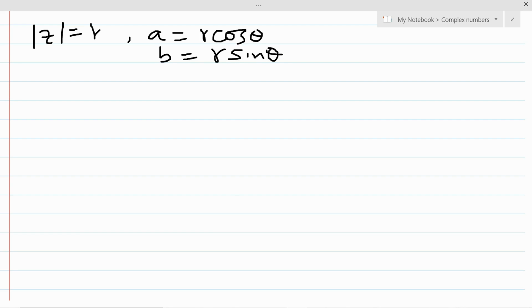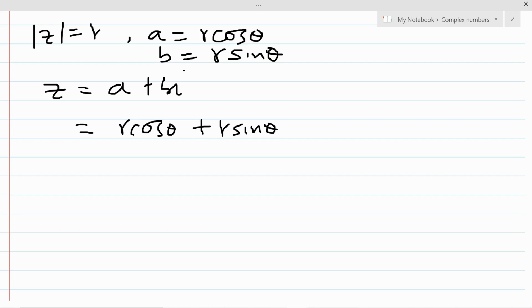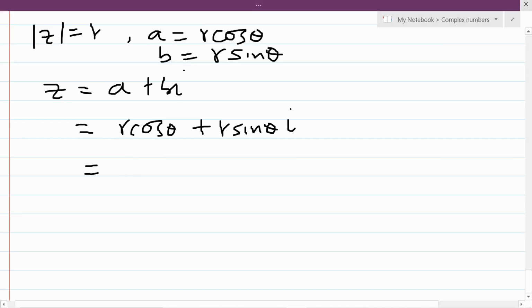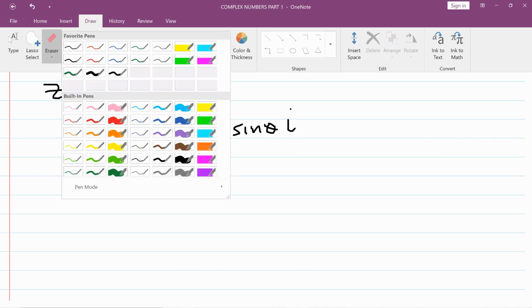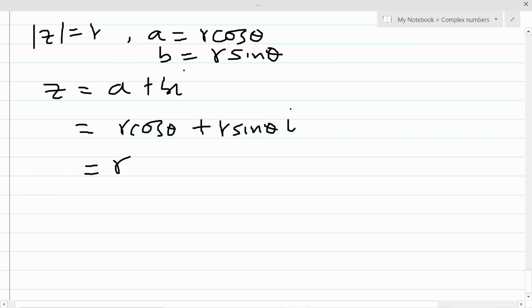If that is the case, then our complex number, which we write as a plus bi, can be written as r cos theta plus r sine theta times i. From here you can see that r is in both terms, so we can factor r out and make sure our expression is in its simplest form.